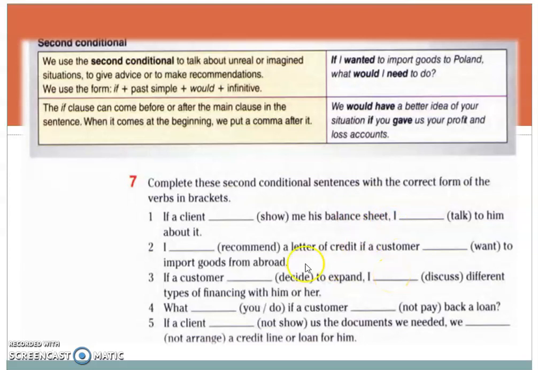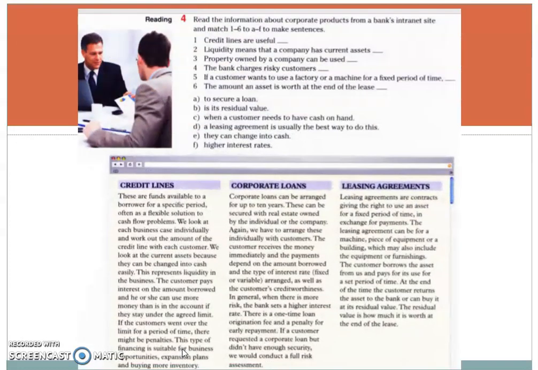Okay, now you have to do number 2, 3, 4, and 5. Next, we have reading here. Well, I will just give you a short description of these headings here.